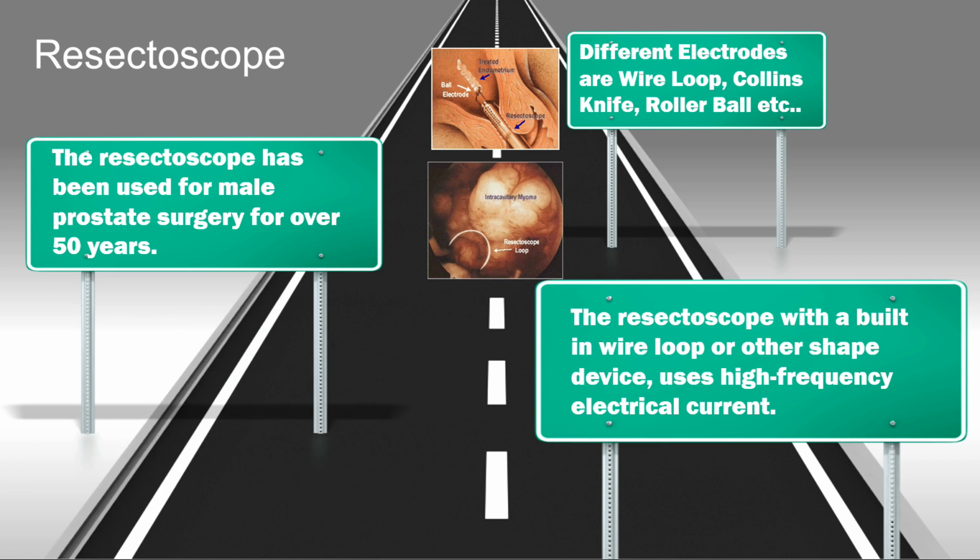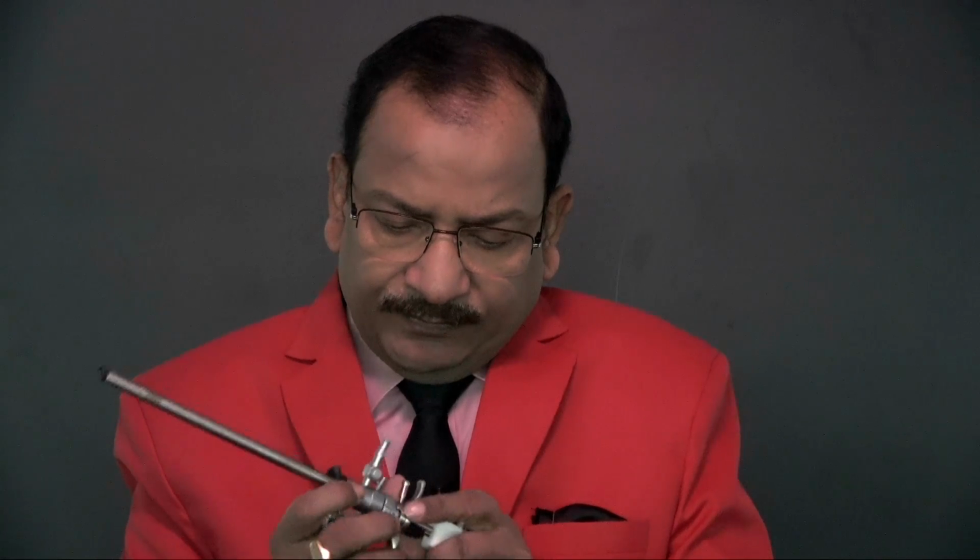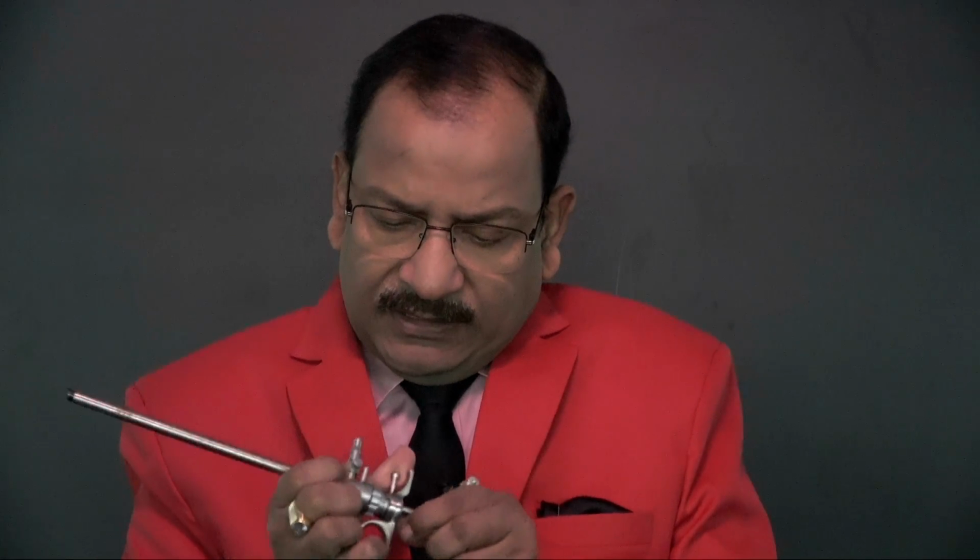Let me demonstrate. So this is the resectoscope. The resectoscope has 5 things assembled together. So I am opening it here, and this is called the working element.